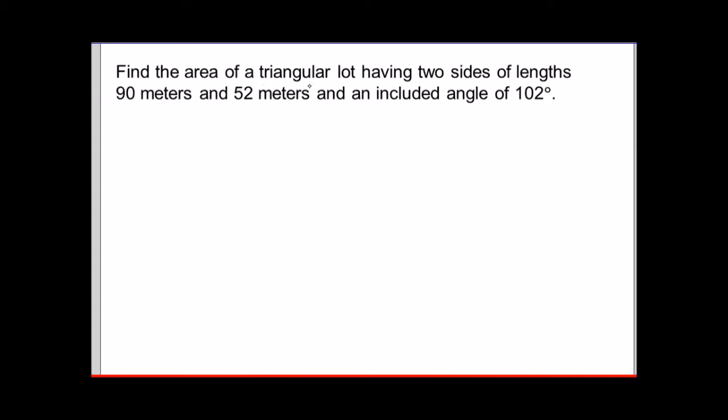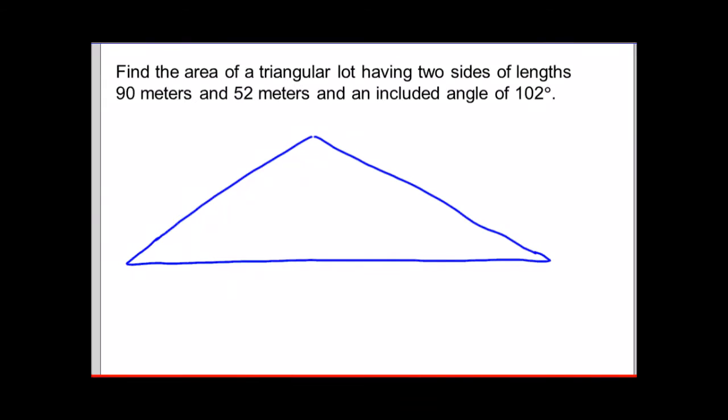So here's an example for us to try. Let's find the area of a triangular lot having two sides of lengths 90 meters, 52 meters, and an included angle of 102 degrees. All right, so we got some triangle that goes way out like this. I'll try to draw an obtuse angle. So this is 102 degrees. Okay, that's an included angle. That means it's in between these two sides.